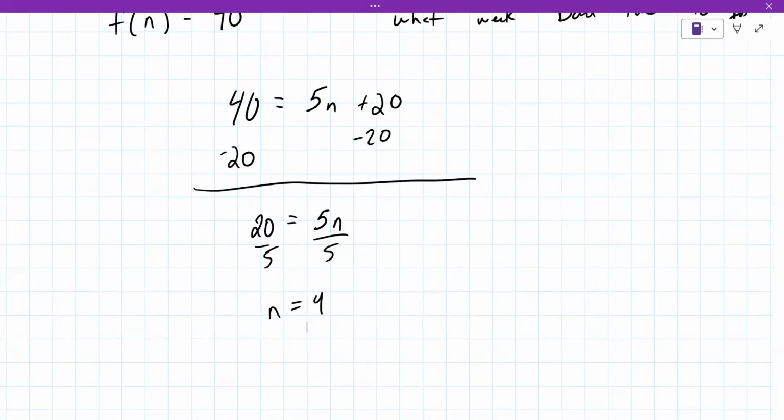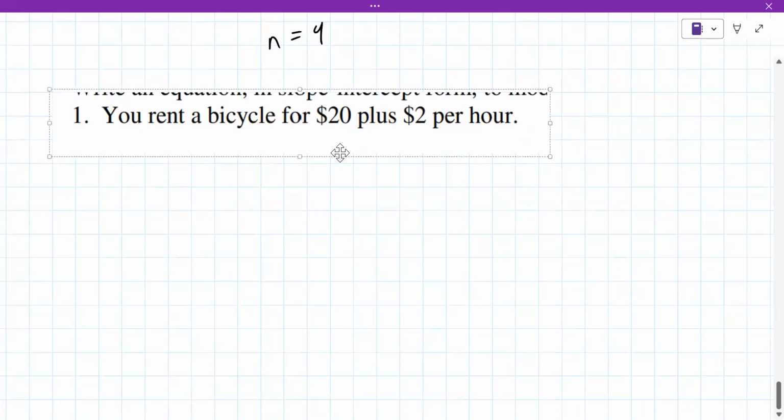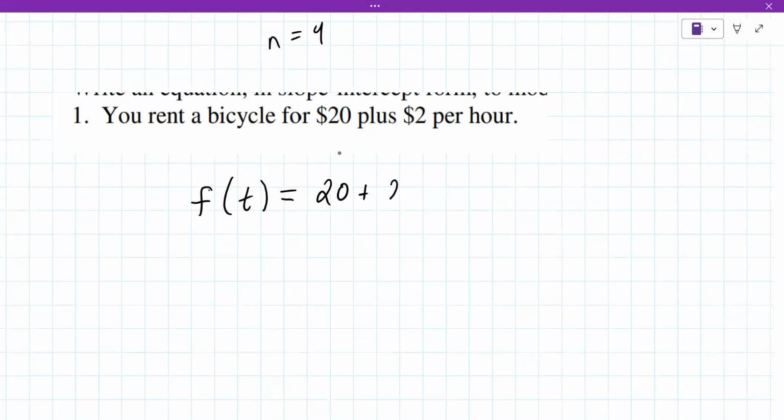All right. So let me write the next function. f of t equals 20 plus 2t. Okay. What is the slope of this? 20.